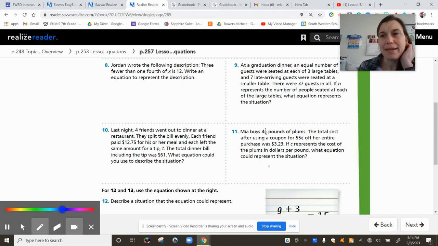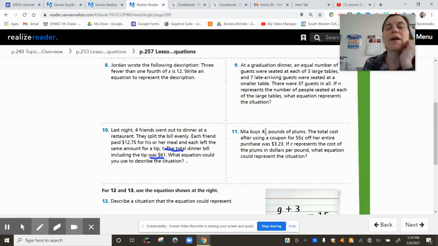Each friend paid $12.75 for his or her meal, and each left the same amount of a tip. The total bill, including tip, was $61. So there it is again, the total bill. Total bill altogether was $61. Write an equation to describe the situation.